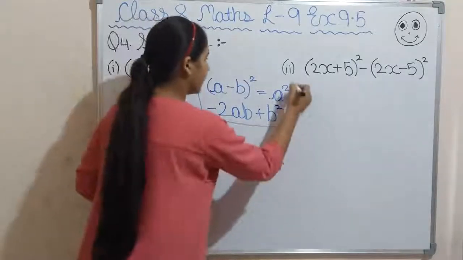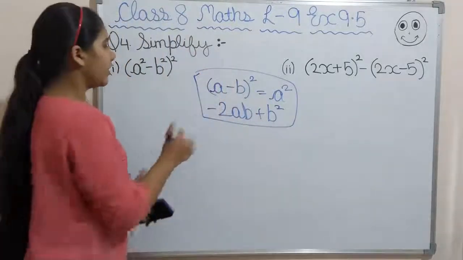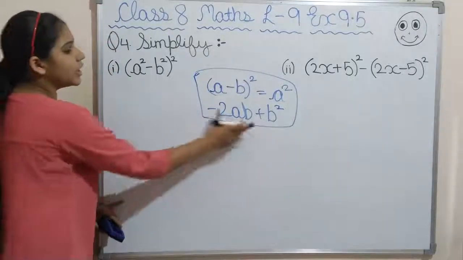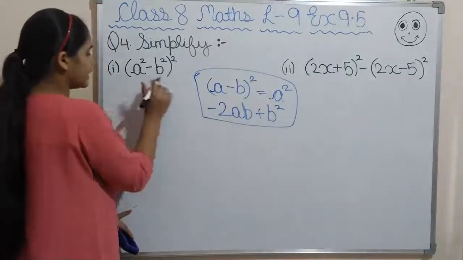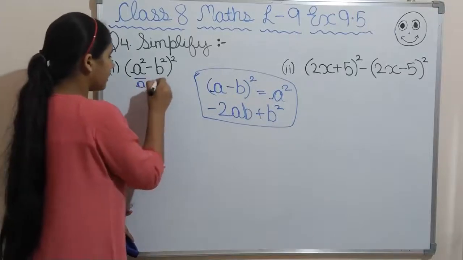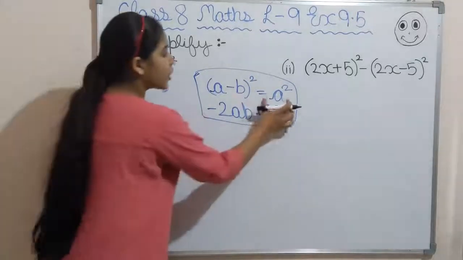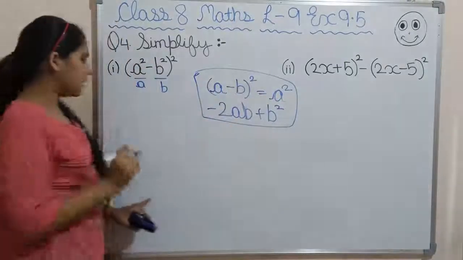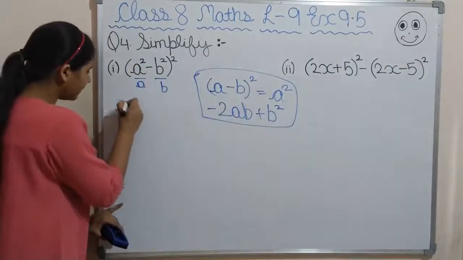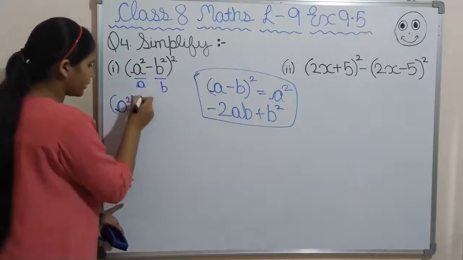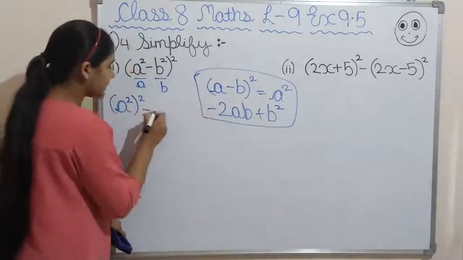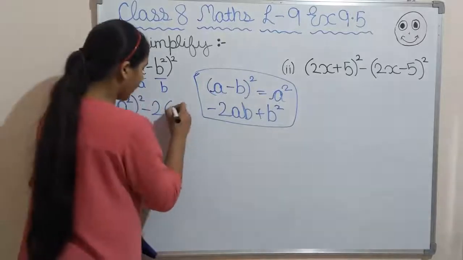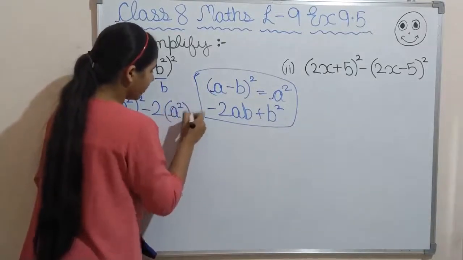Okay, let me make the box. Here this a square is a and this b square is b. So let's start. a square is this, with square also here, which means two squares: (a square) whole square. Then minus as it is, 2 into a, which is a square, multiplied by b square.